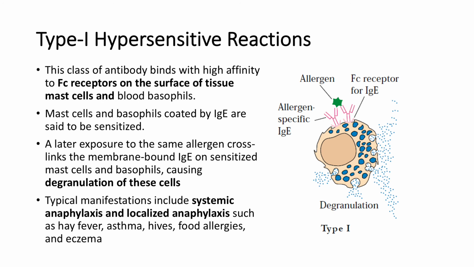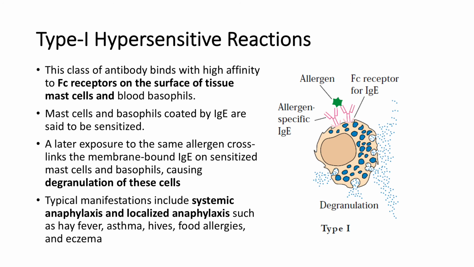As soon as these IgE antibodies bind on the surface of mast cells and basophils, they are called sensitized. A later exposure to the same allergen cross-links the membrane-bound IgE on sensitized mast cells and basophils, causing degranulation of these cells.